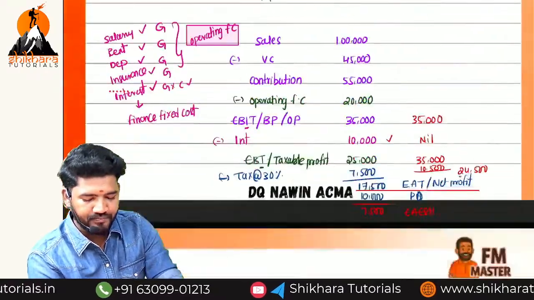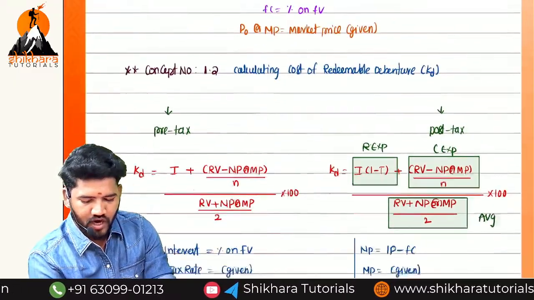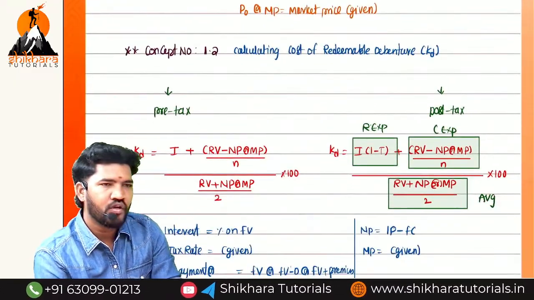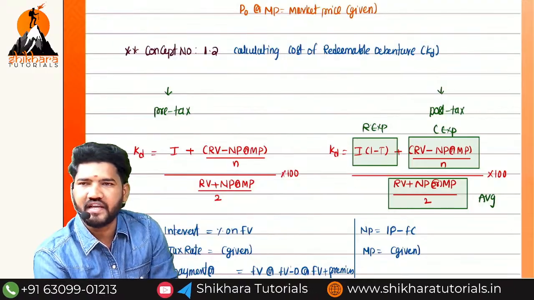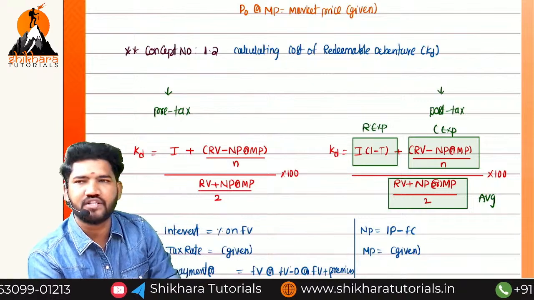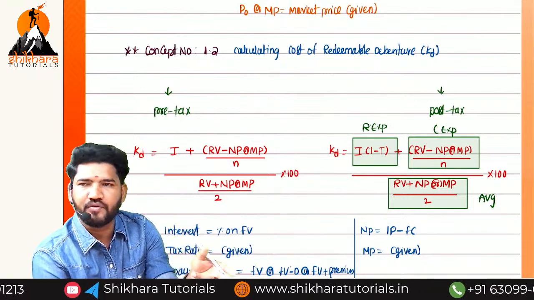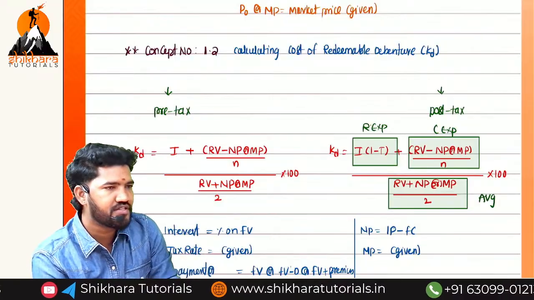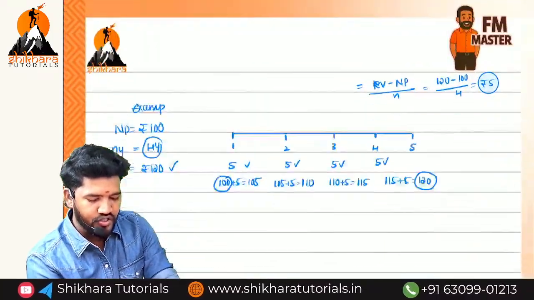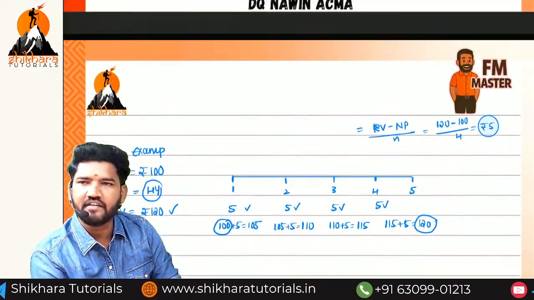Next, redeemable debenture. How to calculate it? First, the revenue expenditure consideration: interest times 1 minus tax, plus the capital expenditure consideration. What is the capital expenditure calculation? Repayment value minus net proceeds, divided by n number of years. I explained the logic also, why we are considering that. Next, divided by investment.